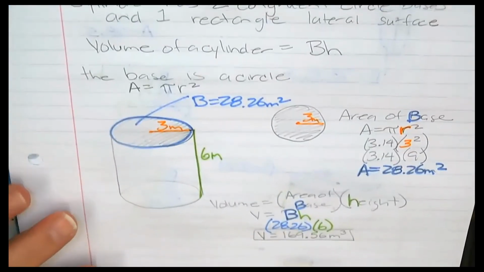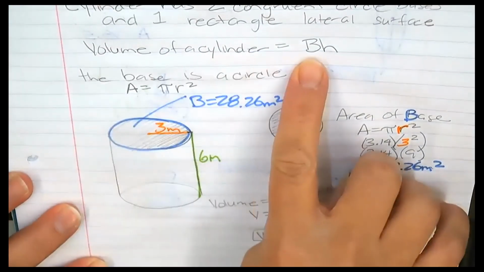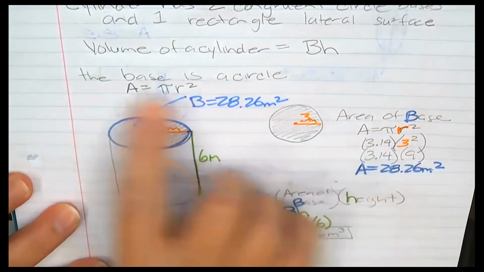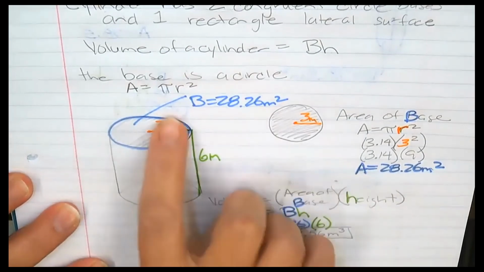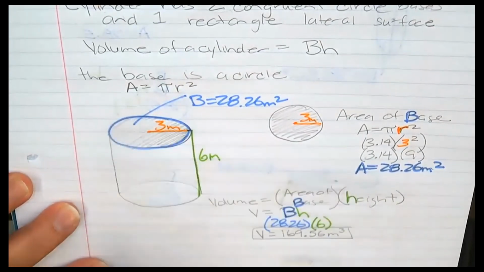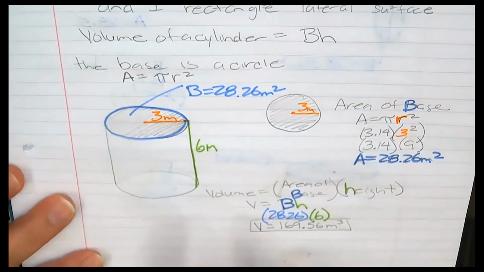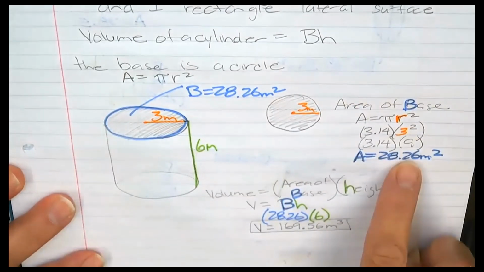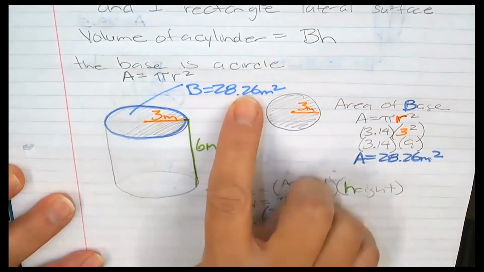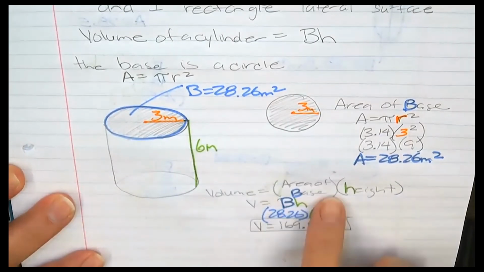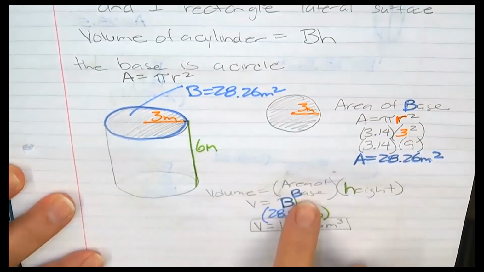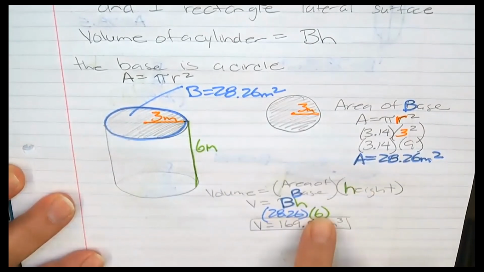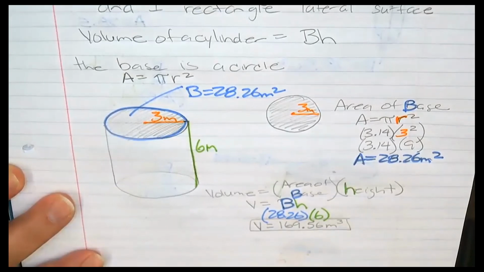So we need to remember that the volume of a cylinder is the base times the height, and that the base is a circle. So to find the area of a circle, it's pi r squared. So when we have a cylinder, we need to find the area of the circle, which becomes the area of our base. And then it's just substitution. The volume is equal to the area of the base times the height.